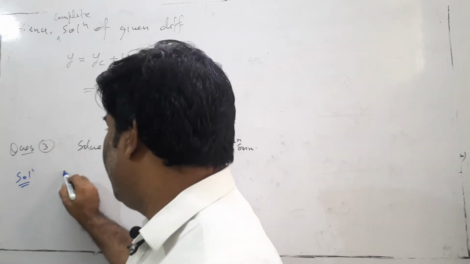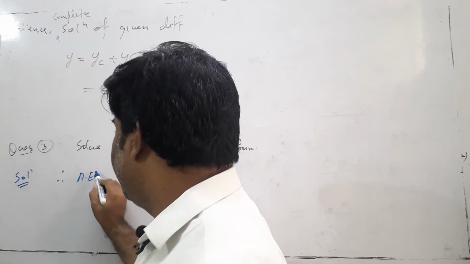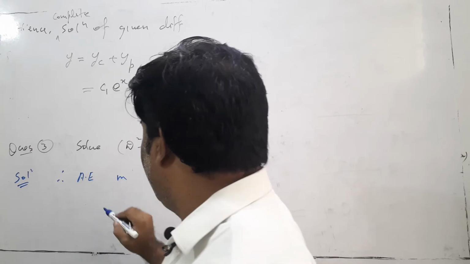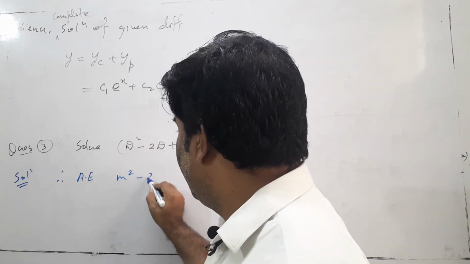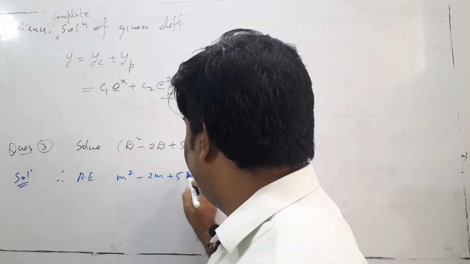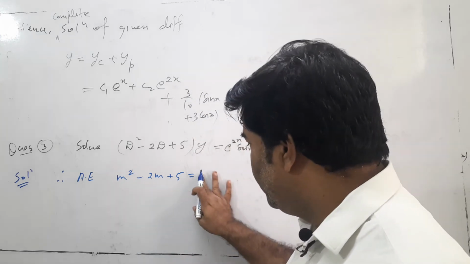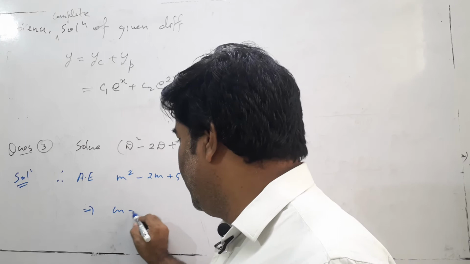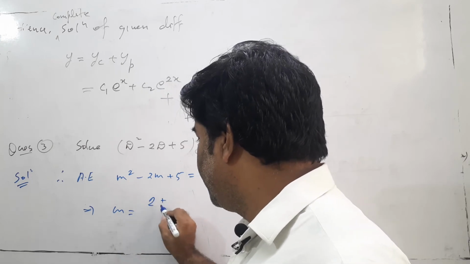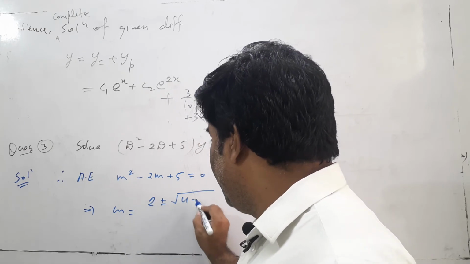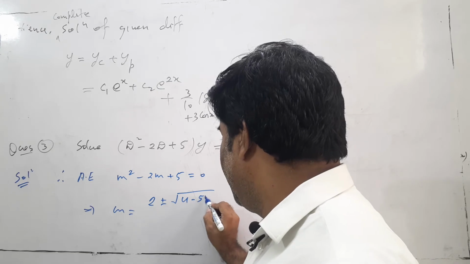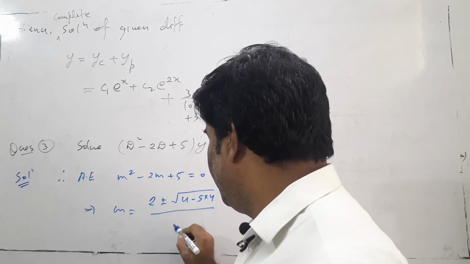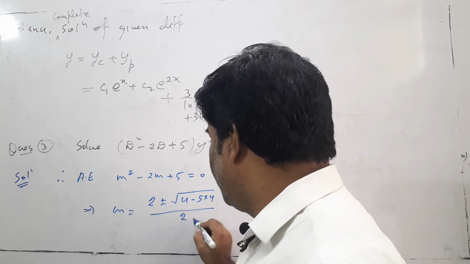Solution. First of all, we find the auxiliary equation, and the auxiliary equation is m square minus 2m plus 5 equals 0. By the quadratic formula, the roots of this equation are 2 plus minus the square root of b square minus 4ac upon 2.